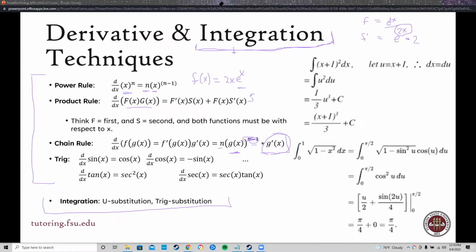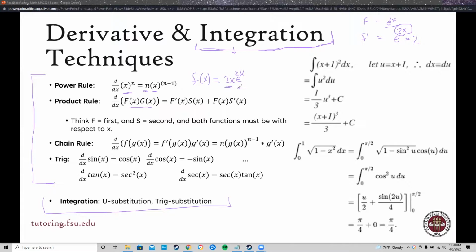Okay, so now if I am taking the derivative of something like 2x e to the x, let's just make this 2x e to the 2x. These are two separate functions of x.